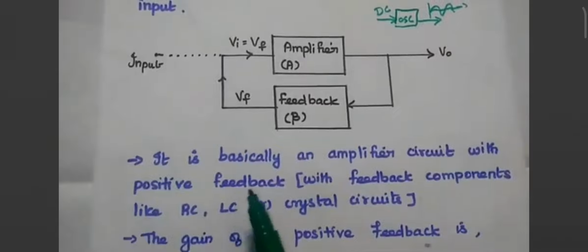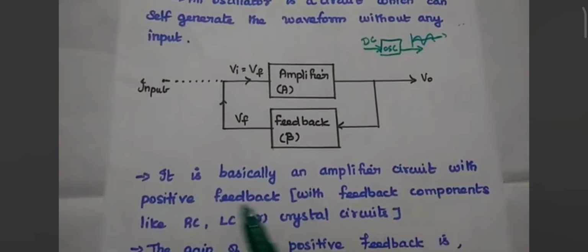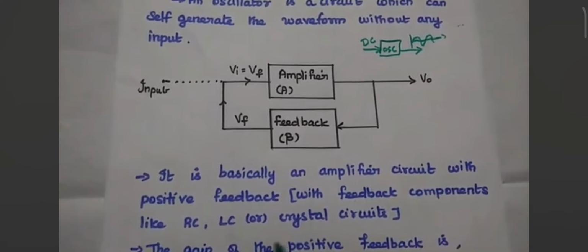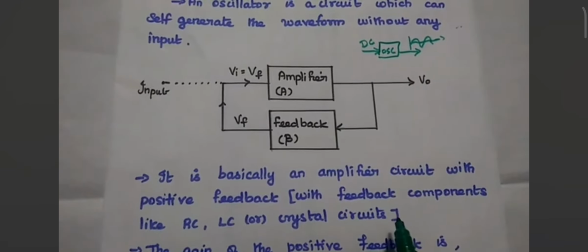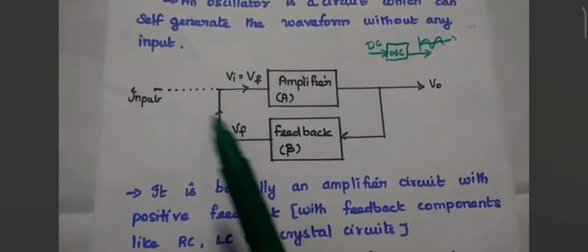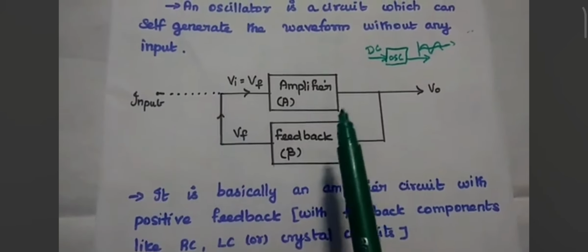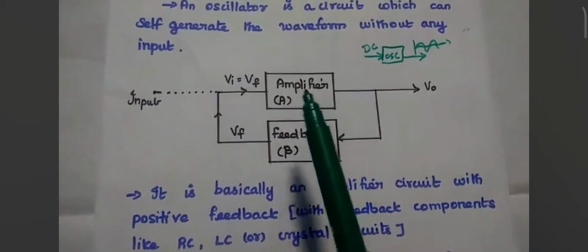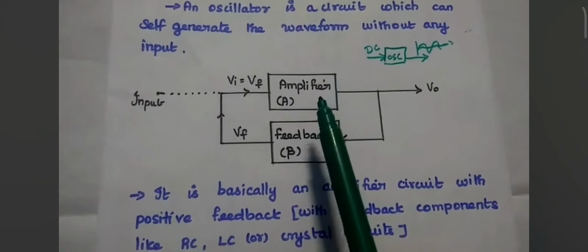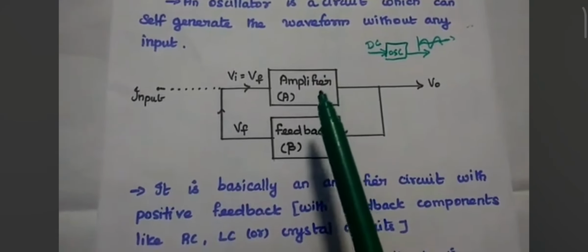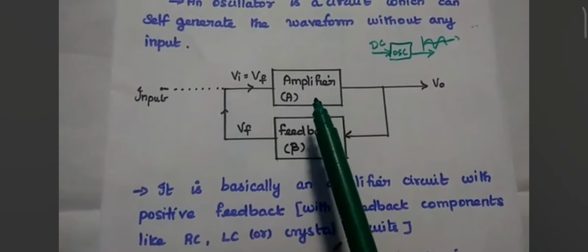It is basically an amplifier circuit with positive feedback with feedback components like RC, LC or crystal circuits. In this circuit, there is no input signal given to this amplifier. Okay. So here the amplifier consists of an active device. It can be either BJT, FET or op-amp.